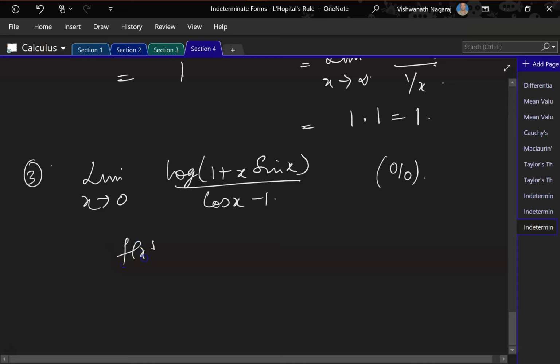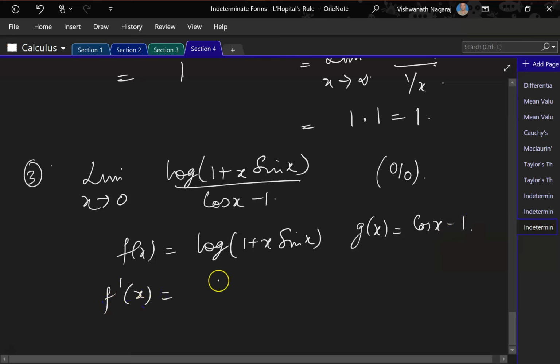So let's say f of x is equal to log of 1 plus x sine x, and g of x is equal to cos x minus 1. F prime of x would be 1 by 1 plus x sine x times the derivative of 1 plus x sine x. 1, if we differentiate, becomes 0.